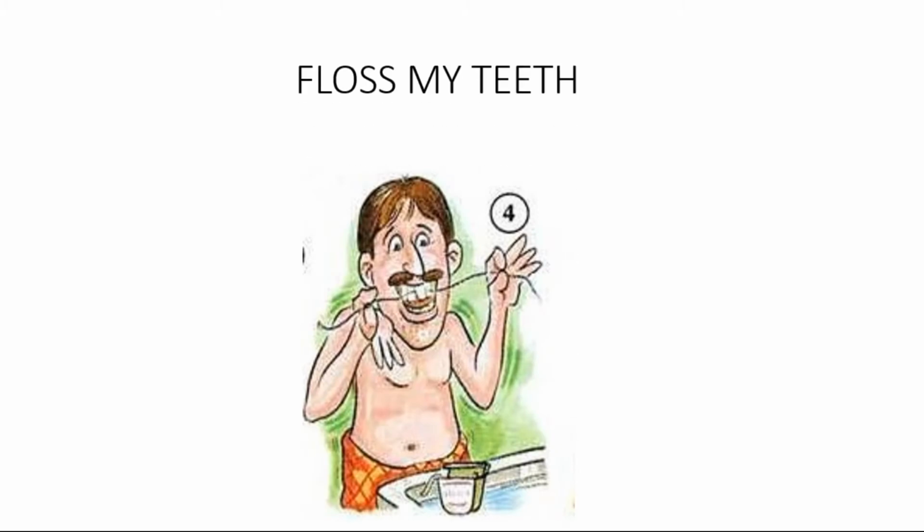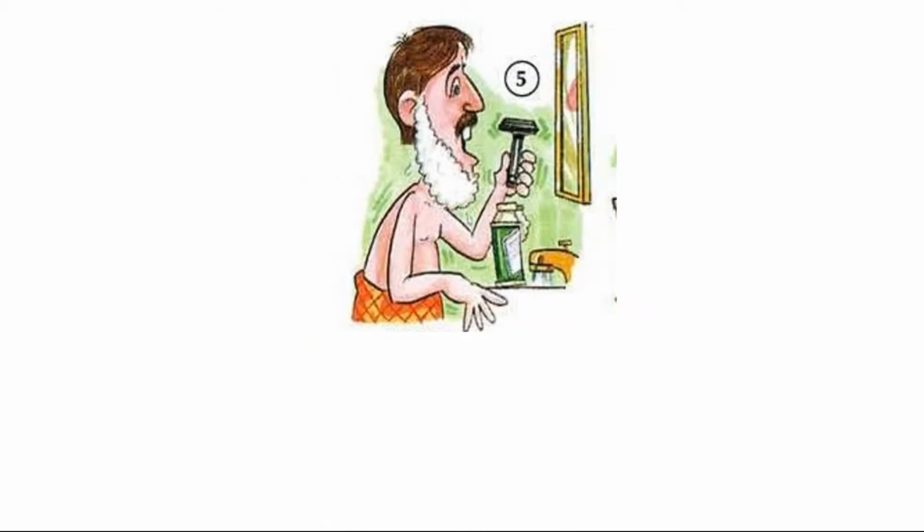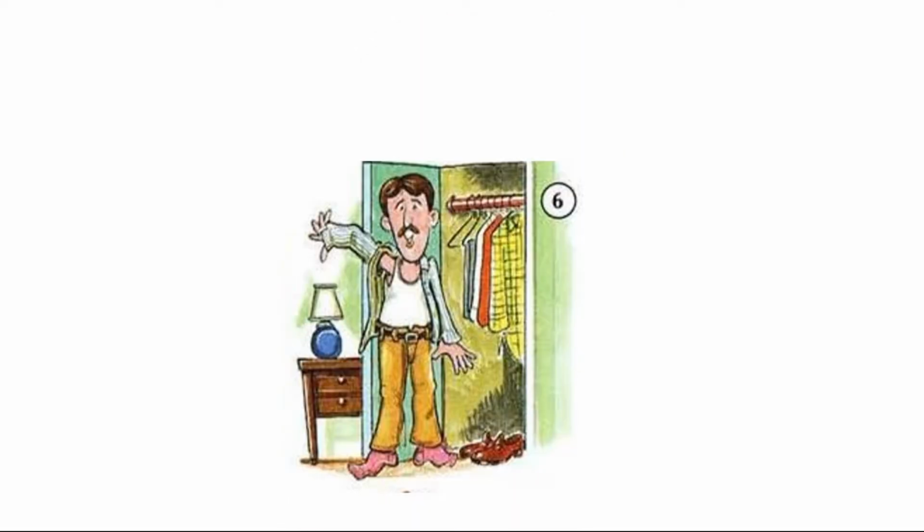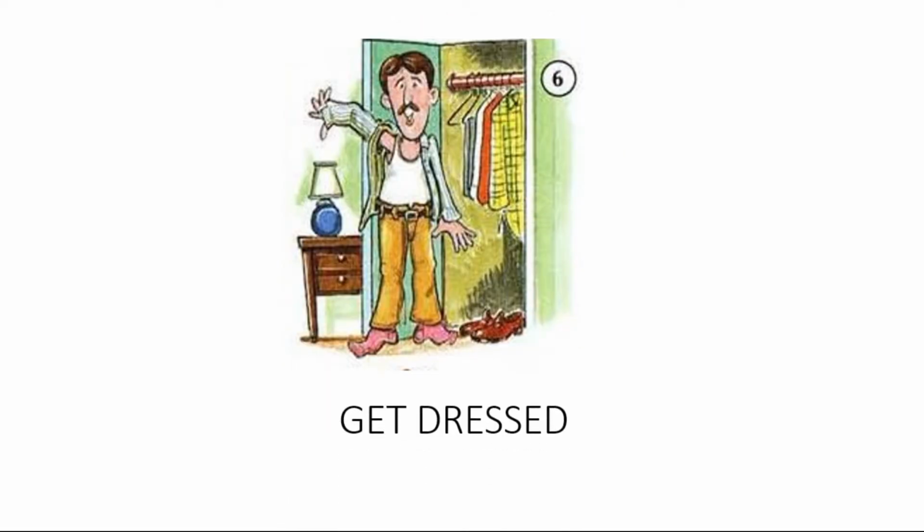So we have this one, that is to floss my teeth. Number 5, shave. 6, you get dressed, you get ready. When you wake up in the morning, you take a shower, then you get dressed, you get ready for school, right? You wear your uniform.